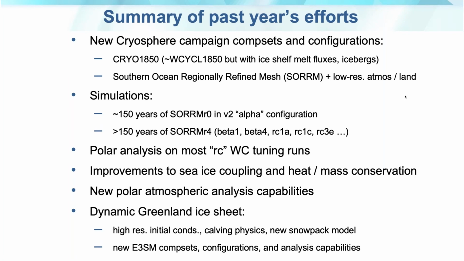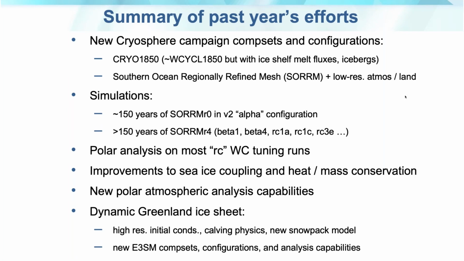We've done so far roughly about 150 years of simulation in the first iteration of that Southern Ocean refined mesh, which you can think of as one of the pre-alpha configurations. We've done a little bit more than 150 years in the final version of that configuration, the R4, and we've basically been using that to shadow some of the water cycle simulation campaigns in their various tunings.